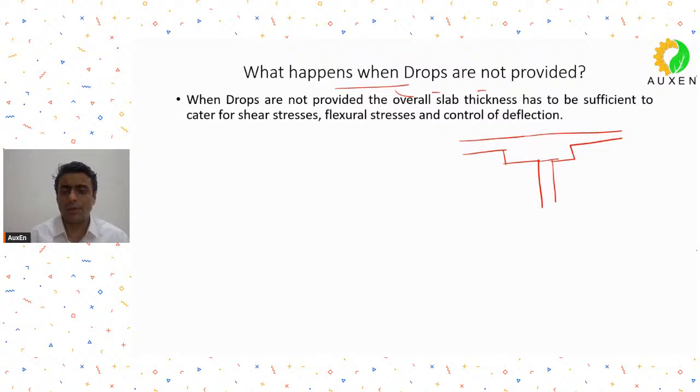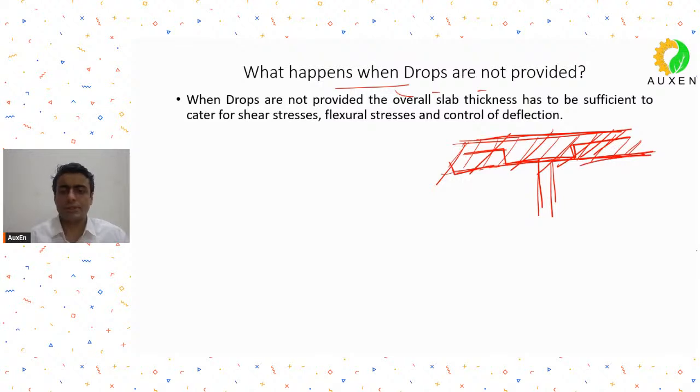Now, if you don't want to provide the drop panels, you will have to uniformly thicken your slab. Are you getting it? See, you cannot avoid punching. So you will have to uniformly thicken the entire slab in a flat plate system. While you were quite okay with this type of configuration in a flat slab with drops, now you have to add this extra because you wanted a dropless system.